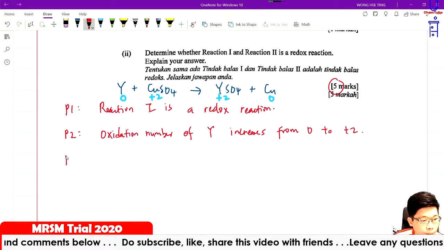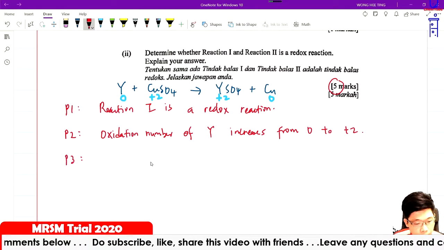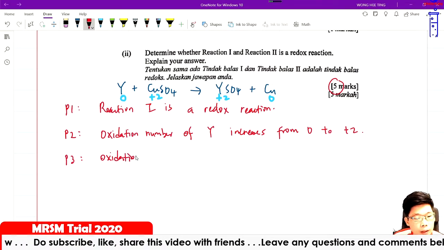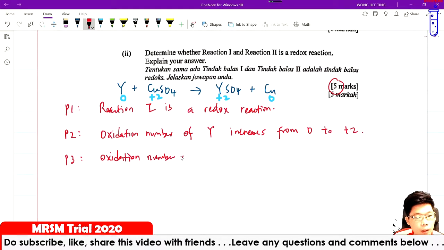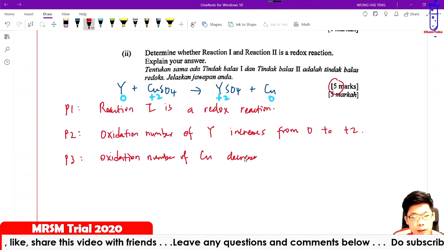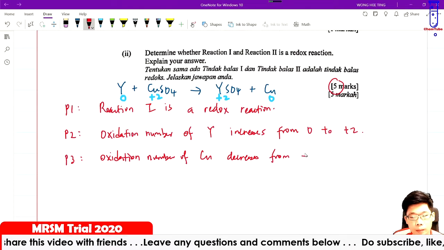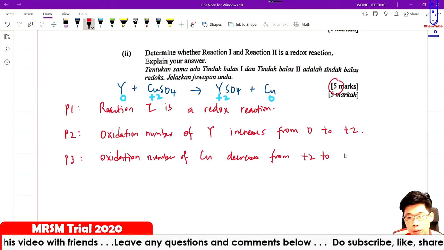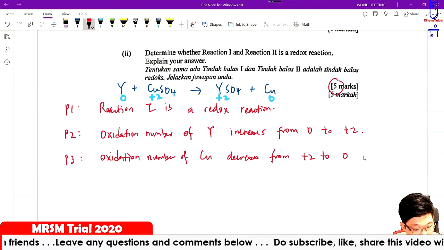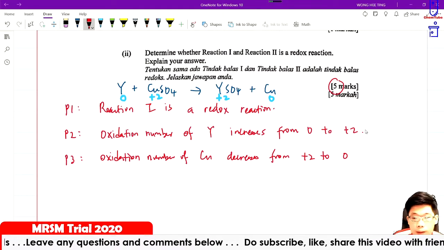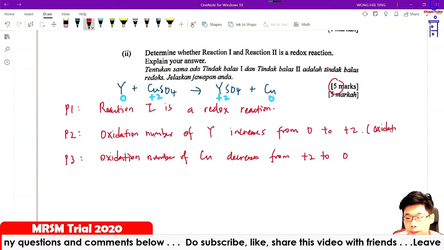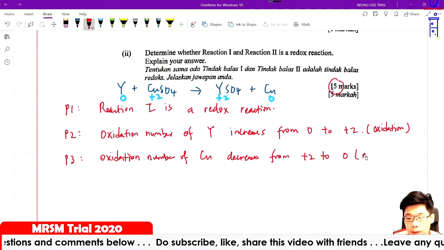Then point number 3: the oxidation number of copper decreases from +2 to 0, so it undergoes a reduction. So you can say here is oxidation, this one is reduction.